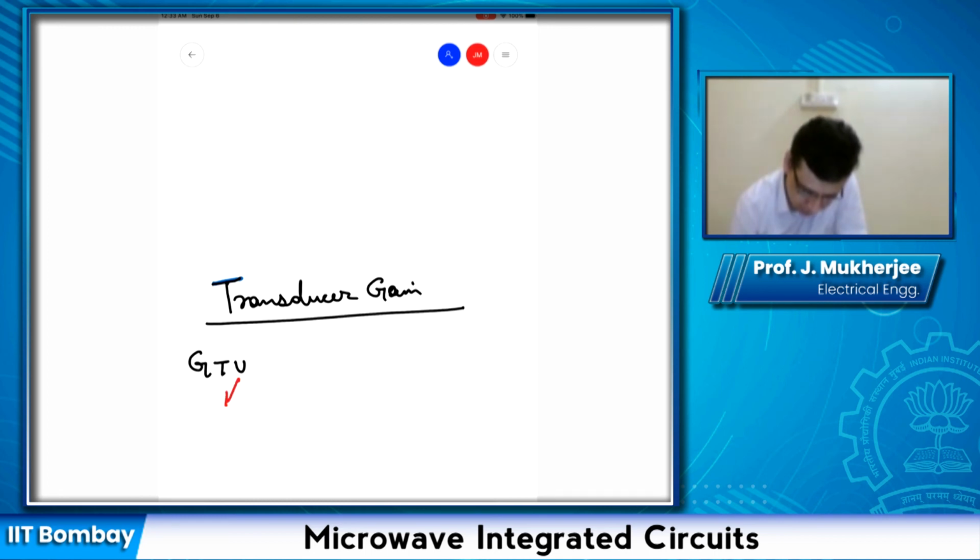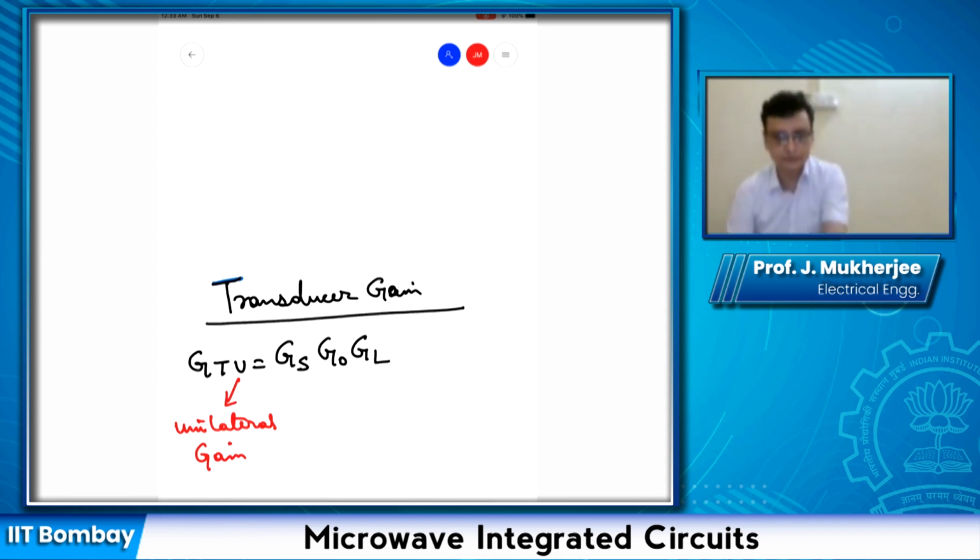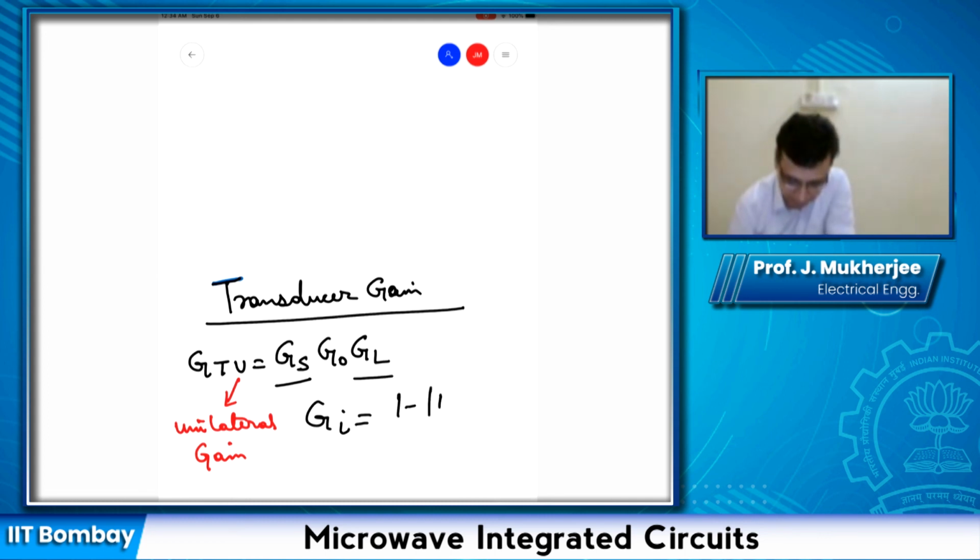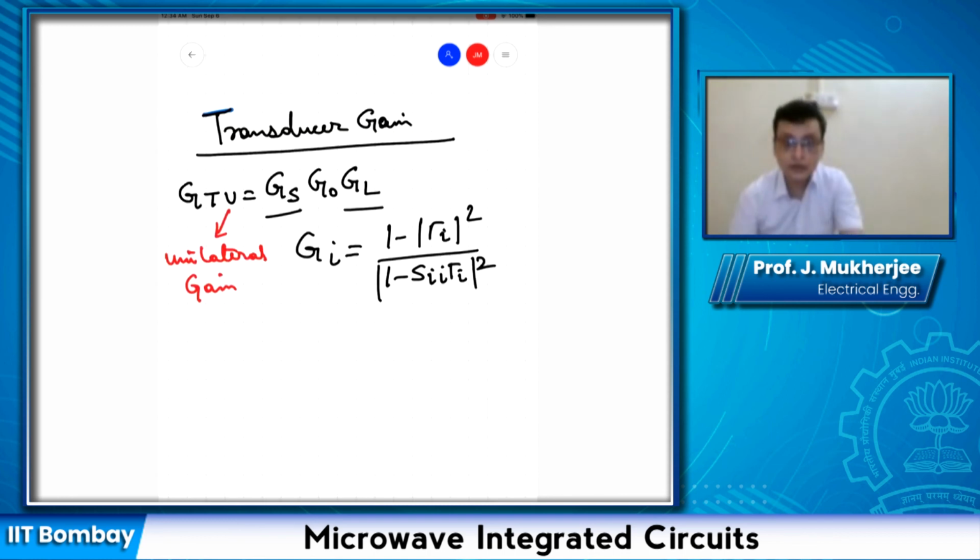So here U means unilateral. So instead of writing GS and GL, we can use a single term GI, where I can represent S or L, and it is given by this.